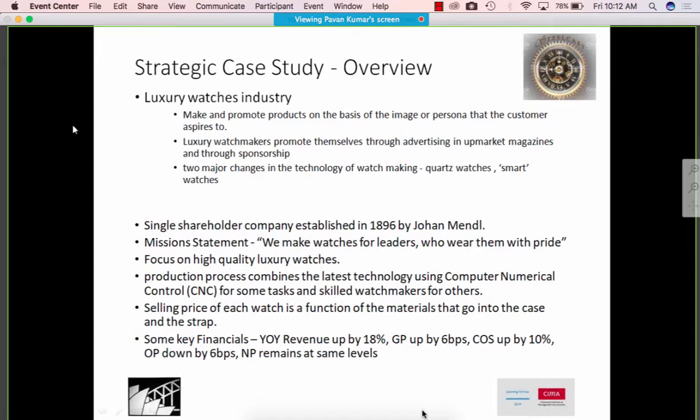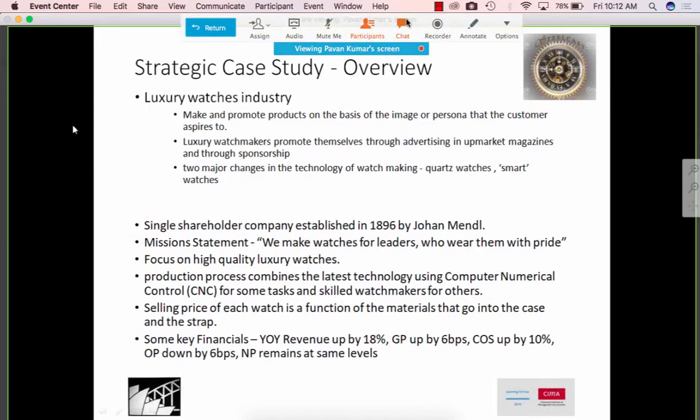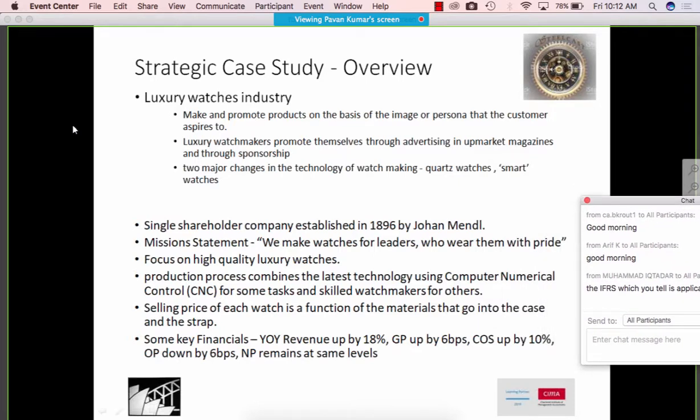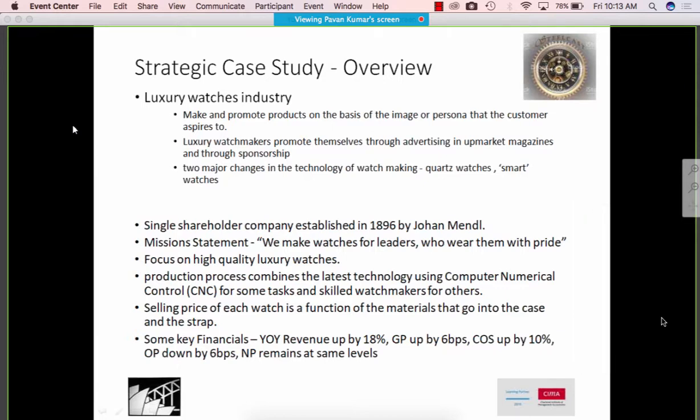The mission statement is... It combines the latest technology using computer numerical control, which is CNC, for certain tasks like drilling and boring, which is mentioned in the case study, and skilled watchmakers for other assembly, which requires skilled manpower to perform this.